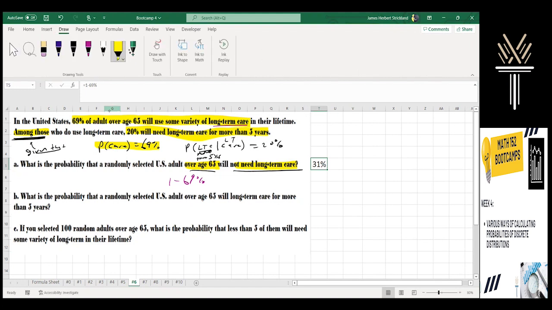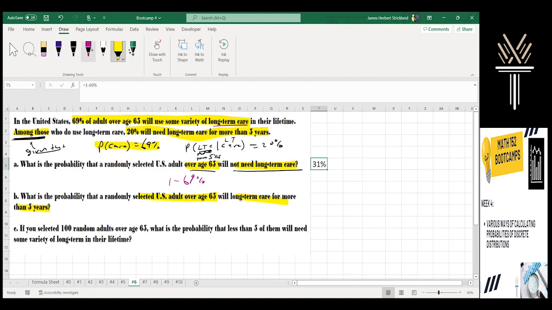Now it's saying, of the overall group, how many need long-term care for more than 5 years? So we've got to think about that very carefully. They're not saying, given that you need care, how many need care for more than 5 years? That would just be 20%, right? It's saying what would be the probability that you need long-term care from any adult, so including those that are not long-term care.